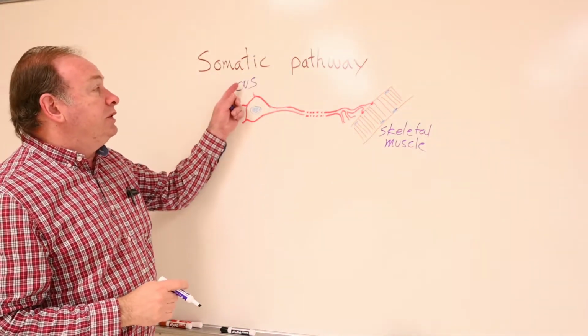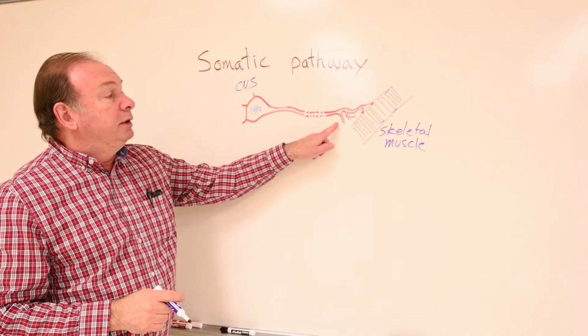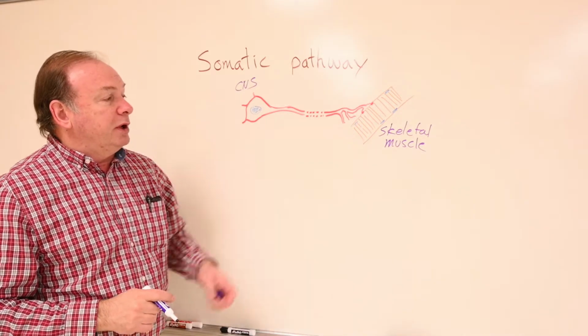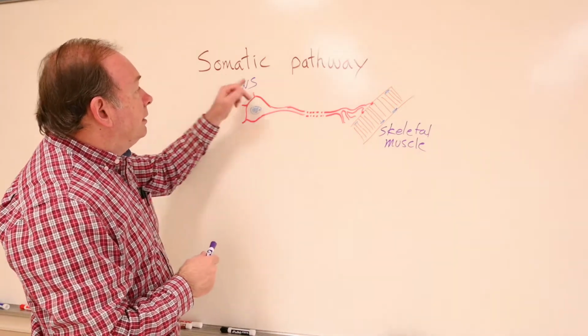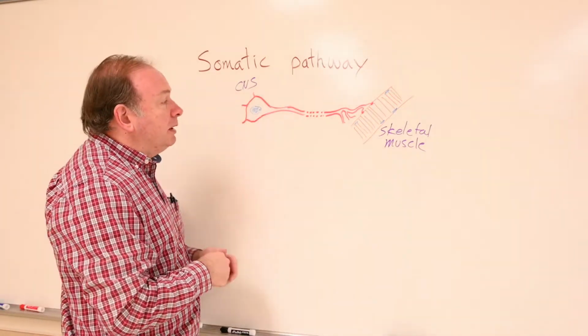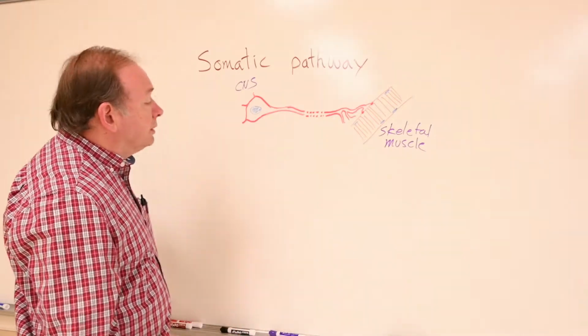So our pathway is directly from the central nervous system by way of a peripheral nerve to the effector, which is always skeletal muscle, a voluntary response. Somatic pathway, we have conscious awareness of that behavior. We control that behavior consciously.